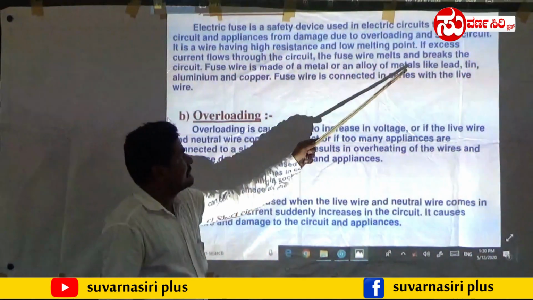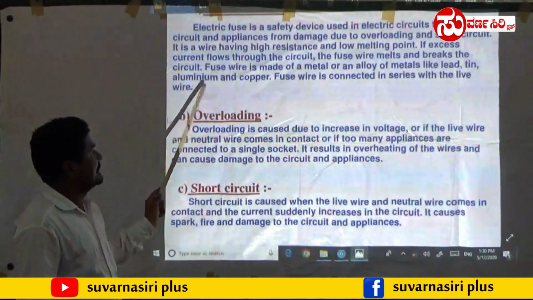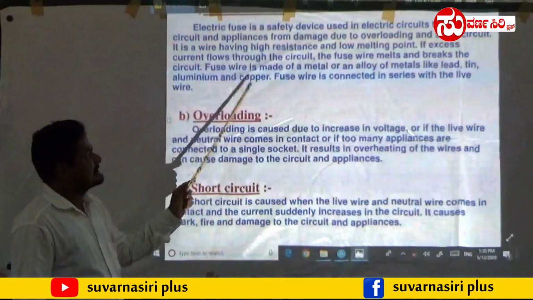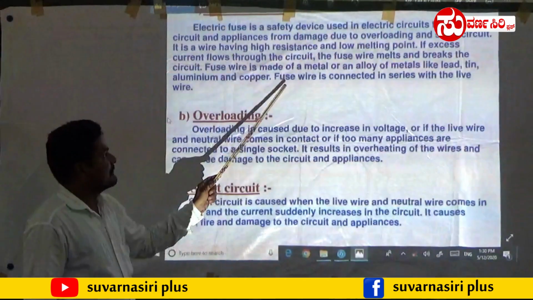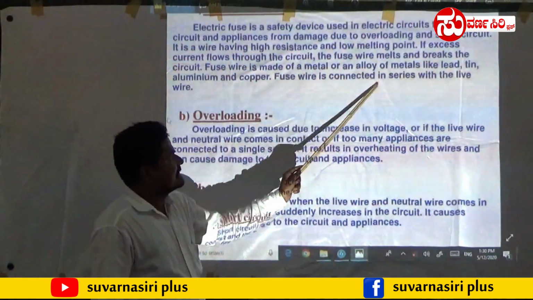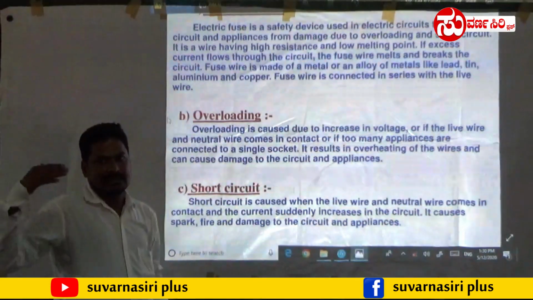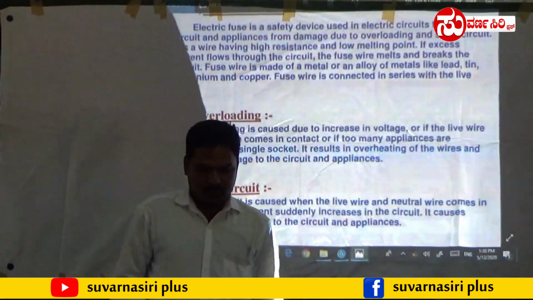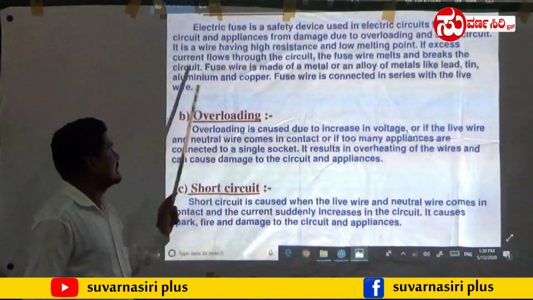We use materials like lead, tin, aluminium and copper to make the fuse wire. And the fuse wire is connected in series with the live wire, because through the live wire the excess current will pass.